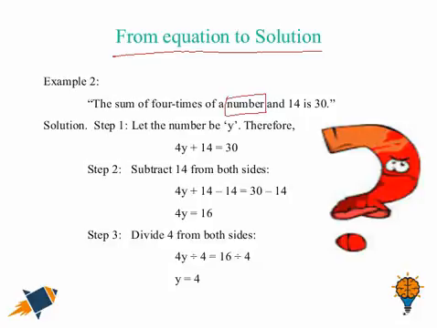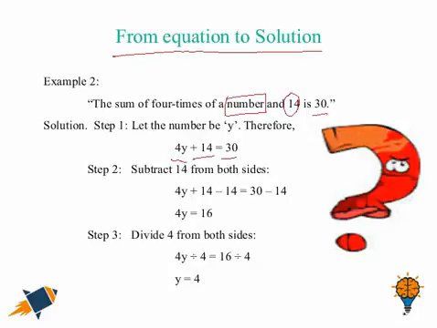So first of all, we suppose that the number is y, or any other variable of your choice. And we need to do 4 times the number, so it will be 4y. And then we are adding 14 to it, so plus 14, and the result is 30, so it is equal to 30. So the equation is 4y plus 14 is equal to 30.